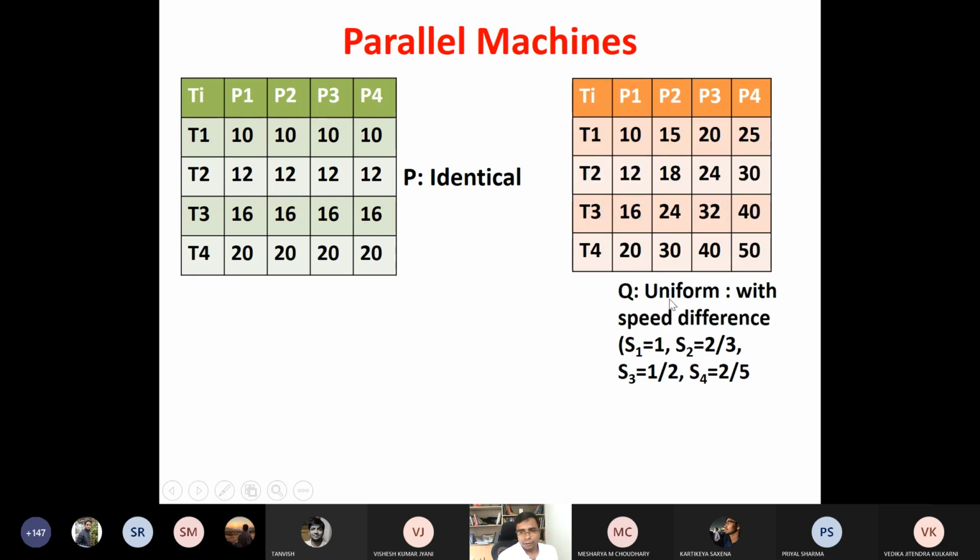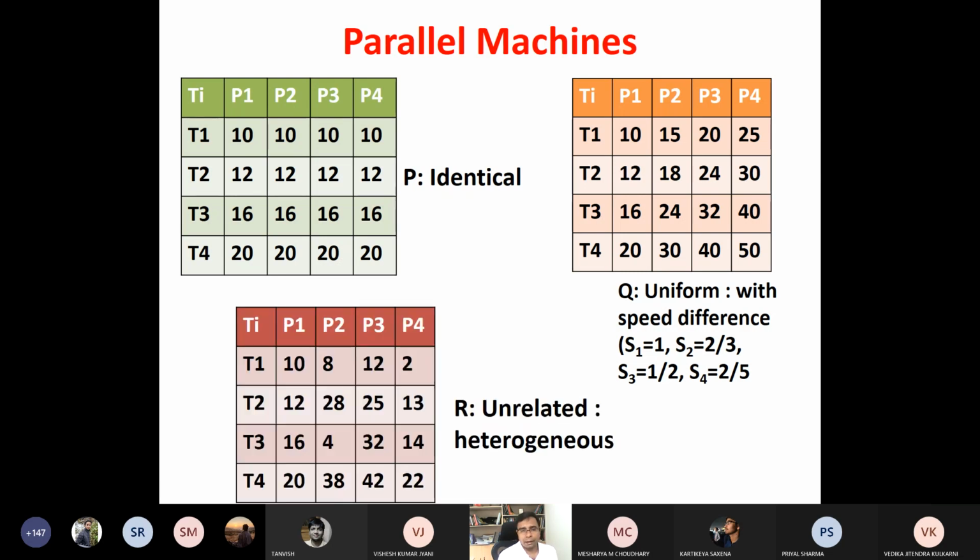In uniform machines, machines with speed differences, the execution time varies with speed: speed 1, speed 2 by 3, speed 1 by 2, speed 2 by 5. Based on the speed, task execution time differs on different machines. And unrelated means completely heterogeneous: different execution times of tasks on different processors, but there are no correlations.